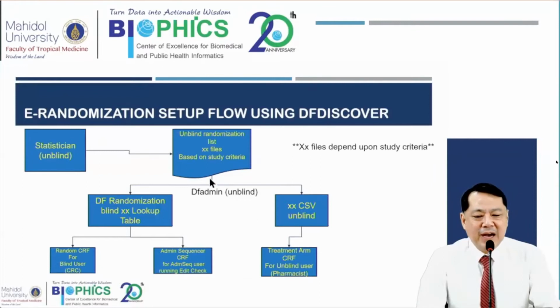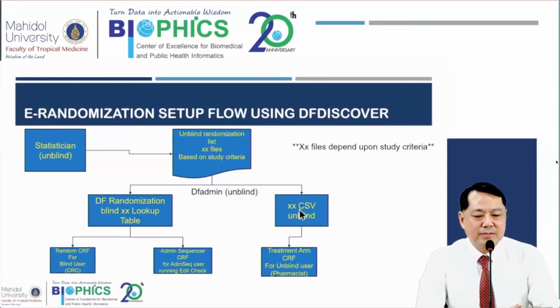Anyway, after you get that file, you will split it. Now it starts with the DFdiscover system. DFadmin will split those files into 2 sets, like I showed you in the previous slide. The first will be for the lookup table, which will be prepared here.